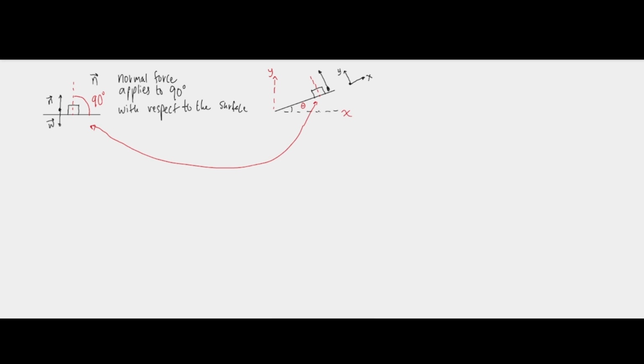Gravity always points to the center of the Earth. So what this would look like is something pointing straight down like this. It's not parallel with this normal force. So here's the normal force, and now this is the weight force due to gravity. And they're not parallel. They're not the same line.